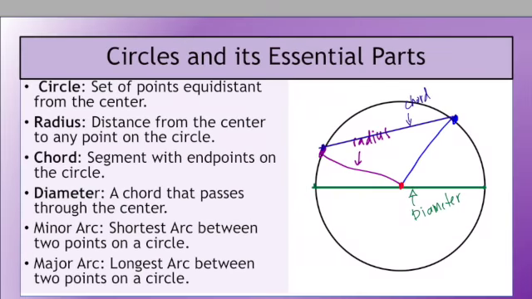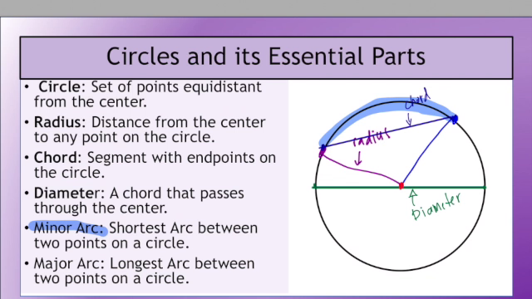Okay, so the next two terms are the minor arc and the major arc. An arc is just going to be a part of the circle. So if I look at this piece right here that I just highlighted in blue, that is an arc.